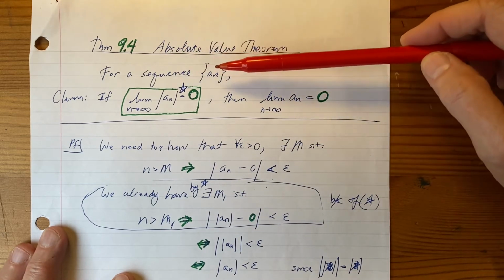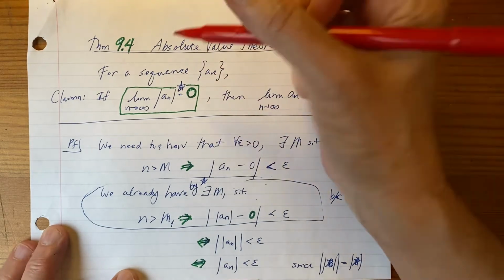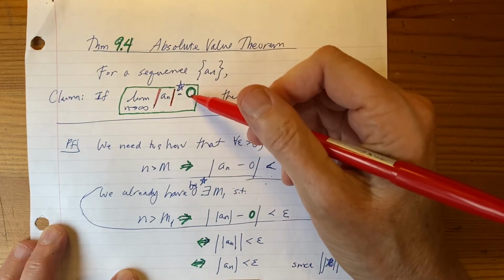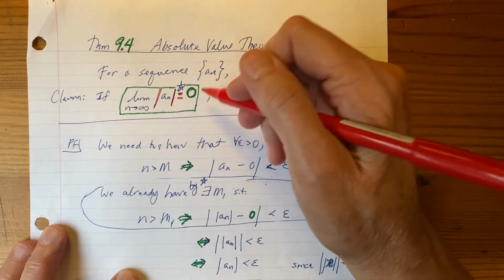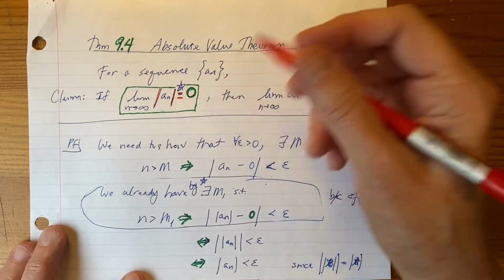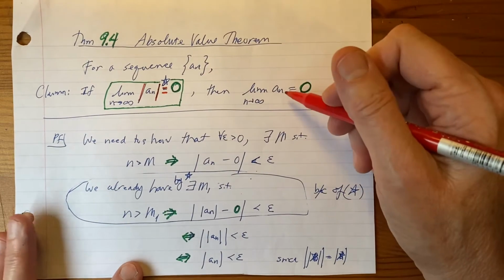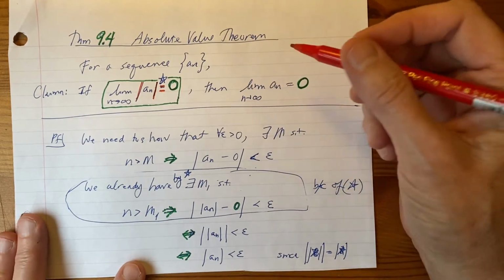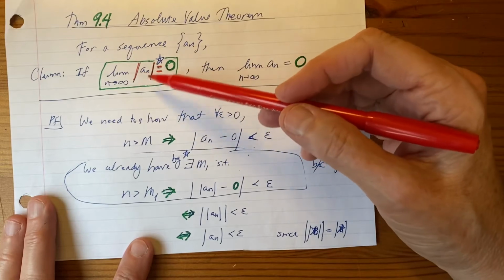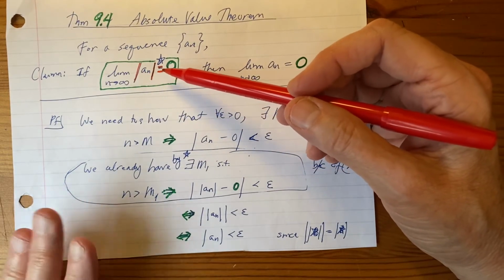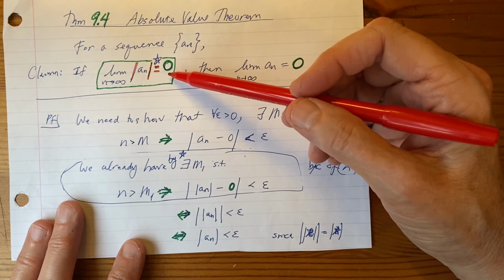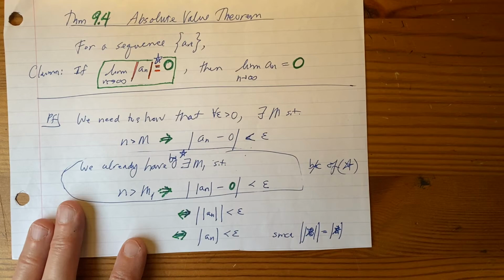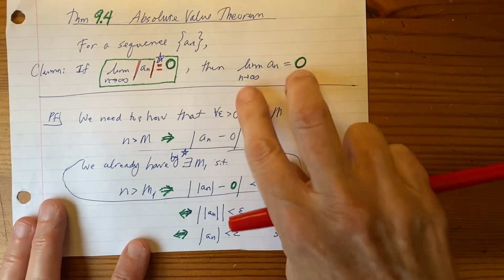So for a sequence a sub n, if you know that the limit of the absolute value of a sub n as n goes to infinity is equal to 0, then you can assume the limit of the sequence without the absolute values is also equal to 0. Very handy. Often you can, using absolute values, show its distance from 0, show it is approaching 0 in absolute value, and this just allows you to take off those absolute values.